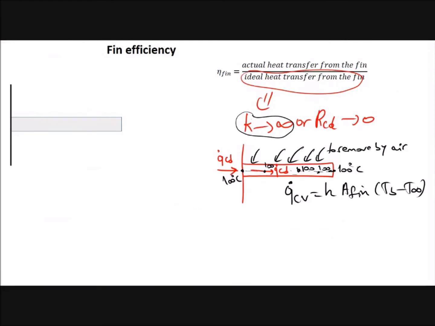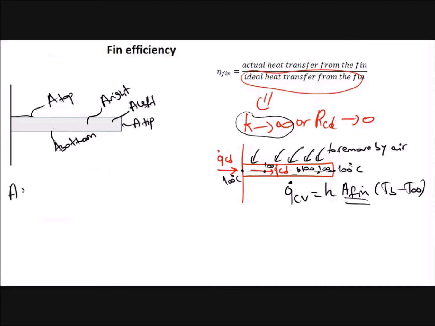Convection heat transfer should happen along the fin, so we are using the fin area. Most of the time when we say fin area, we mean the area top, area bottom, area right, area left, and here you have the area tip.